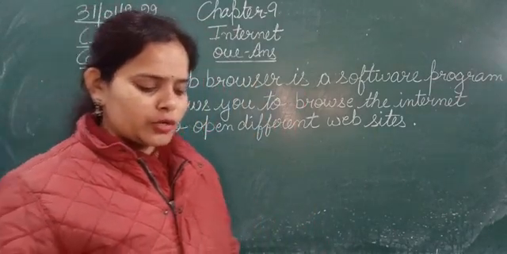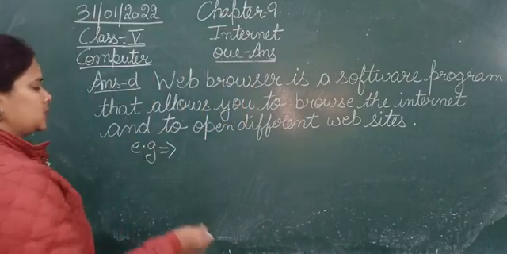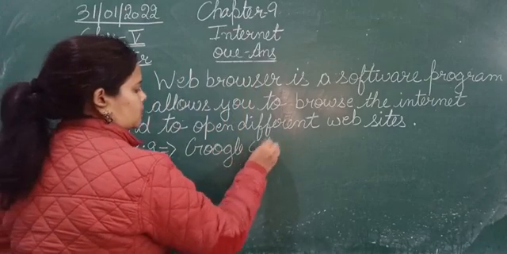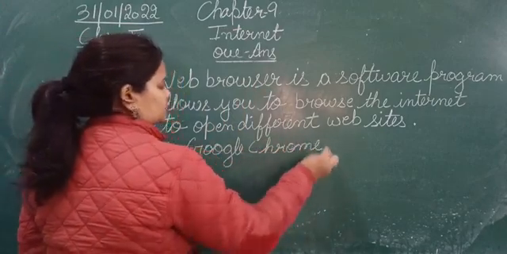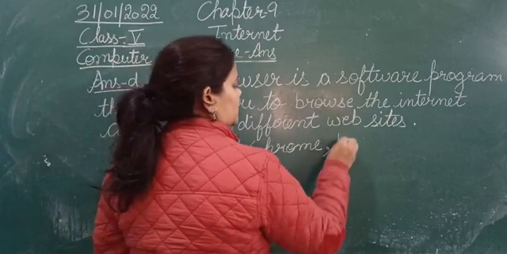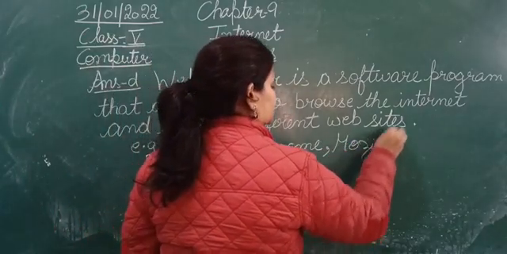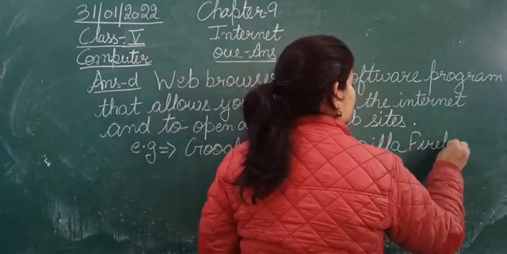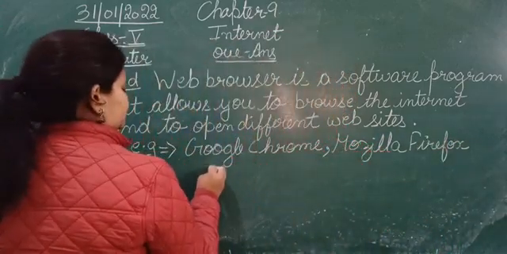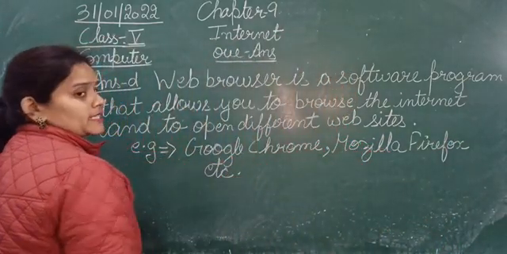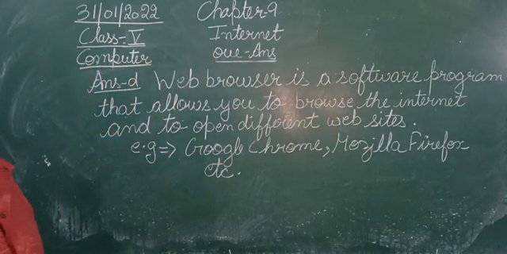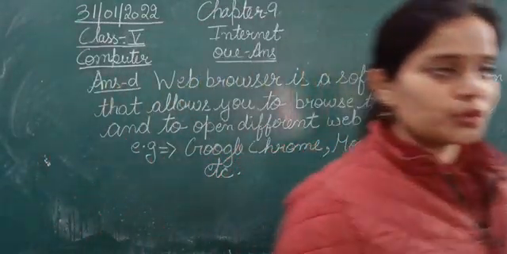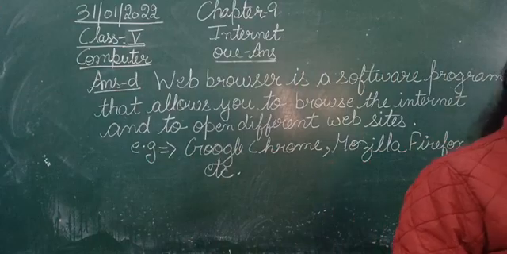So we can write down Google Chrome and Mozilla Firefox, etc. Don't forget to mention the etc. So Mozilla Firefox and Google Chrome are the two widely used web browsers. So this is the answer for question number D. You can pause it here and note it down in your notebooks.